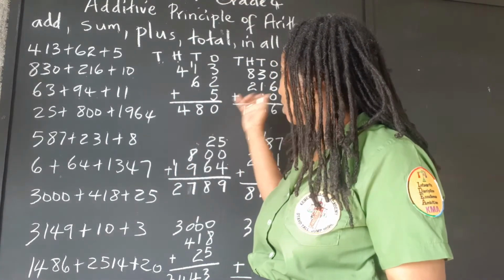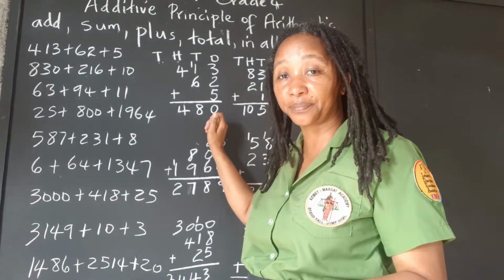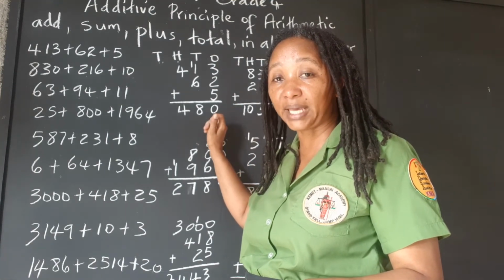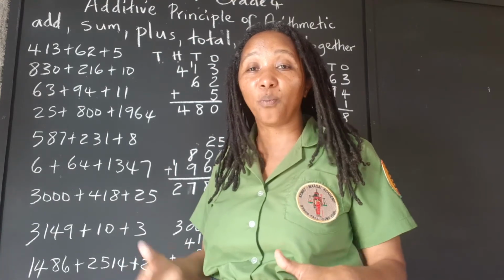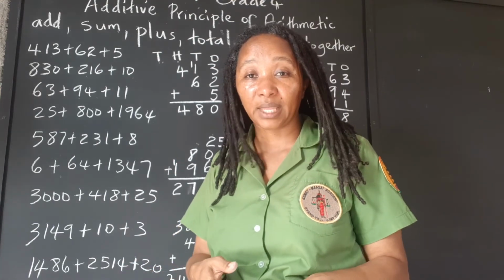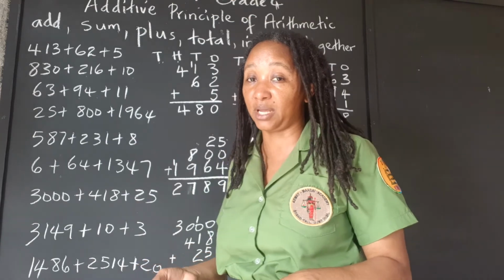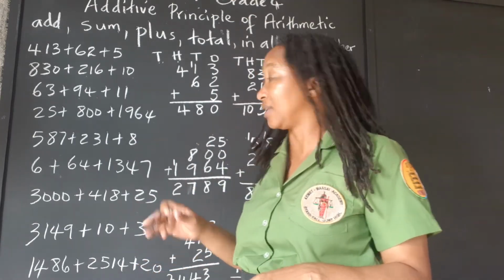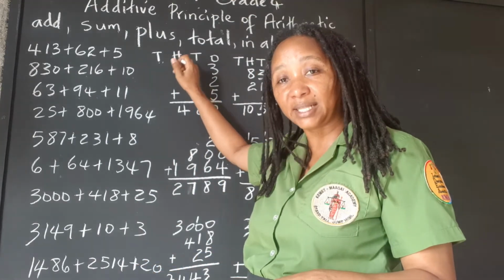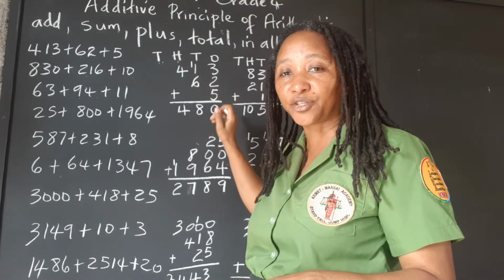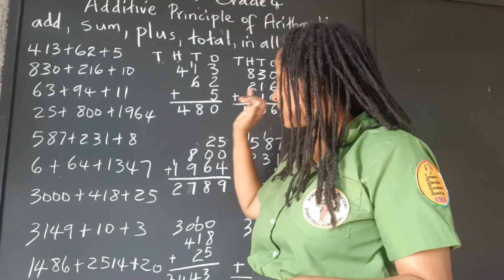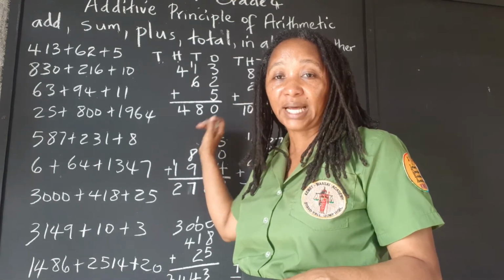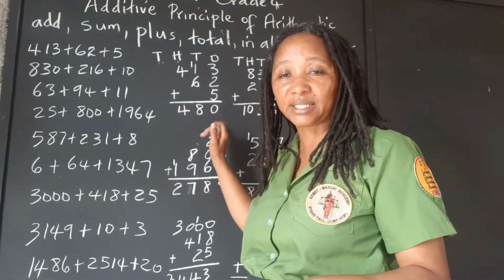So if you got 23 here in the ones place, you can't put down the 23. You have to say how many groups of 10 can I get out of 23. So that's 2 groups of 10. You would have to put the 2 in the tens place. And 3 ones remain. If you got 76, that's 7 groups of 10, 6 remain.